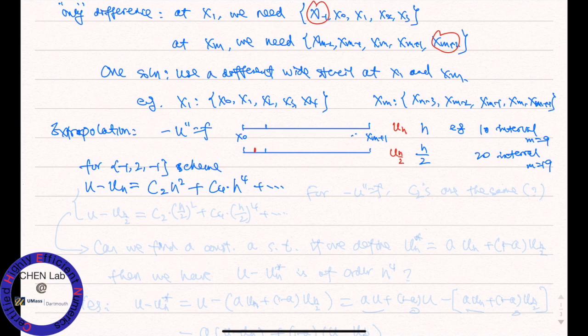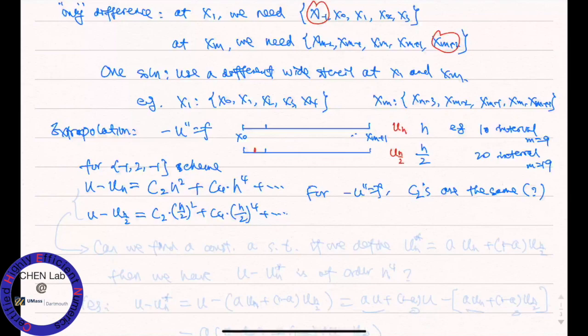For the second solution, the error is c2 times h over 2 squared, plus c4 times h over 2 to the 4th, and so on and so forth. For this particular simple equation, negative u double prime is equal to f, the two c2s are the same, and we need to think about why that's the same for this equation.